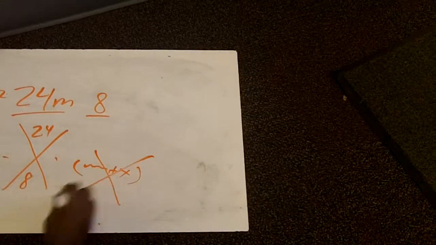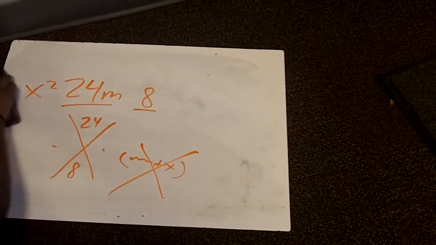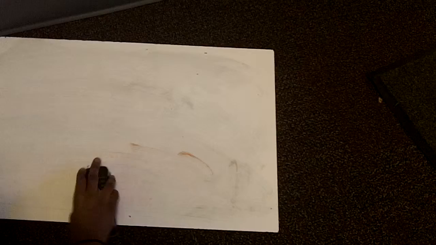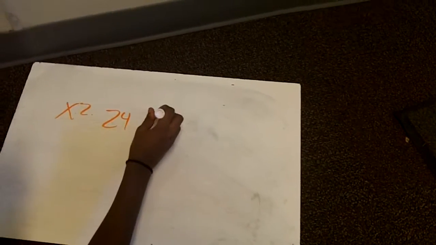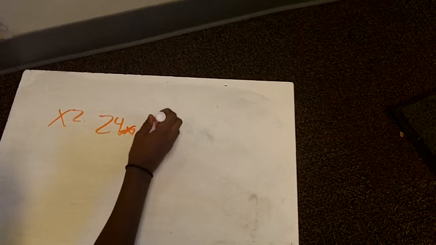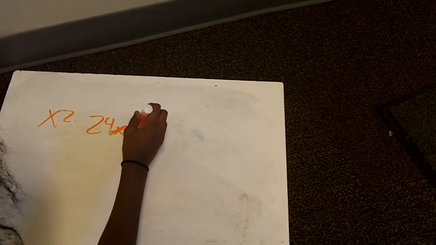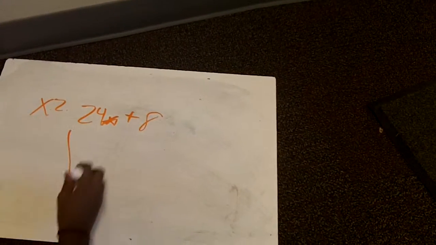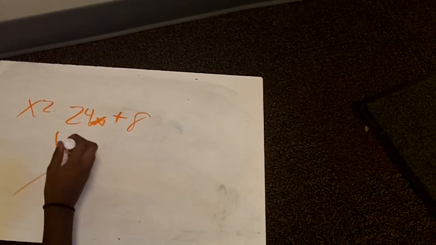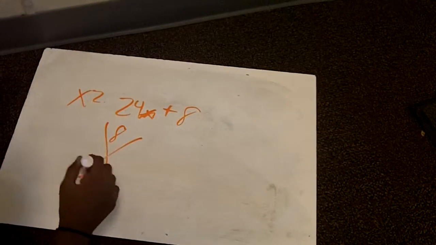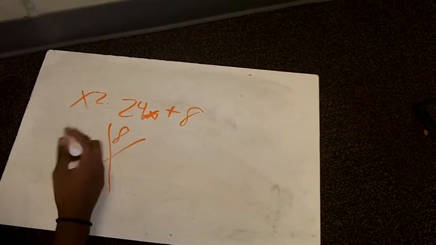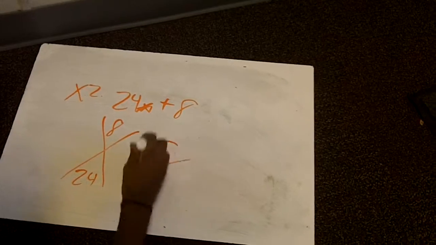But now I have learned that the 8 goes on the top and the 24 goes on the bottom in this equation instead of the other way around, and I can get the correct answer.